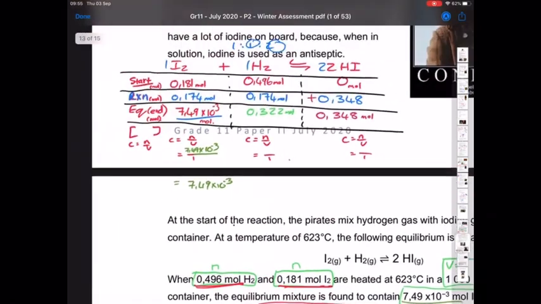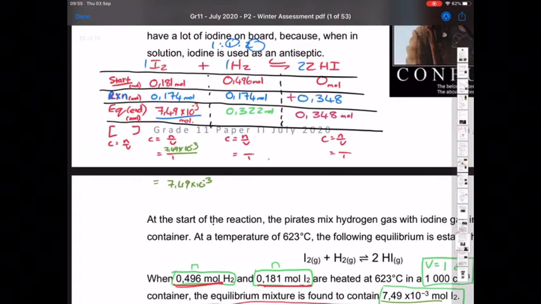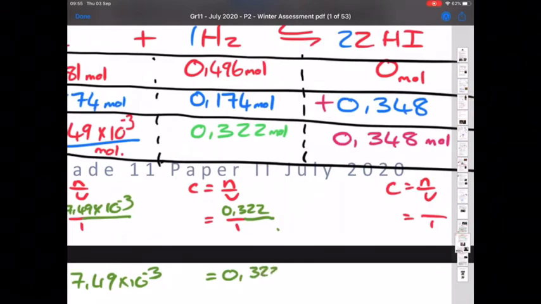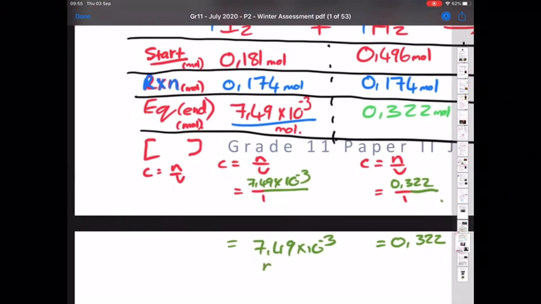Then for the hydrogen, we've got 0.322 divided by the volume of 1, which will give us 0.322. This is moles per decimeter cubed. You could write your concentration units here if you wanted to.